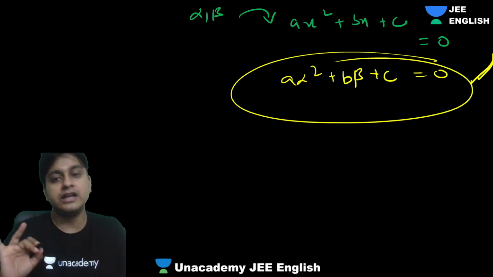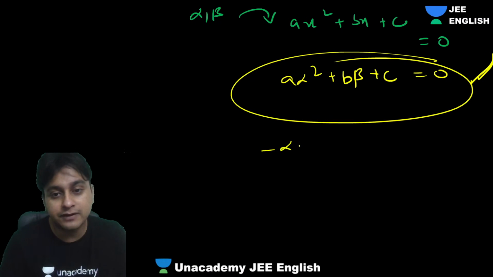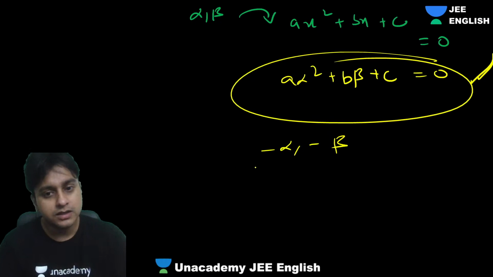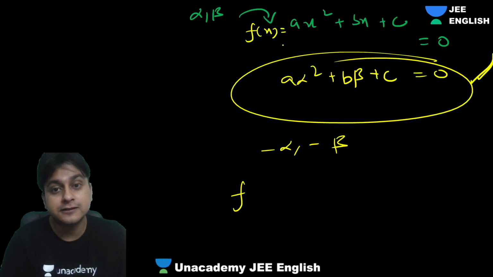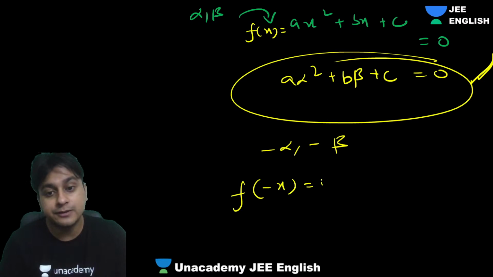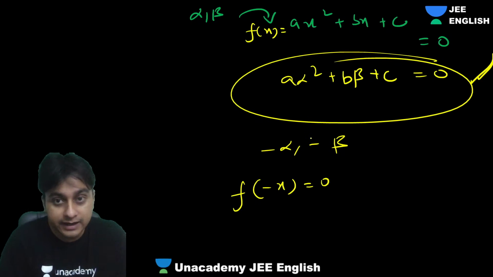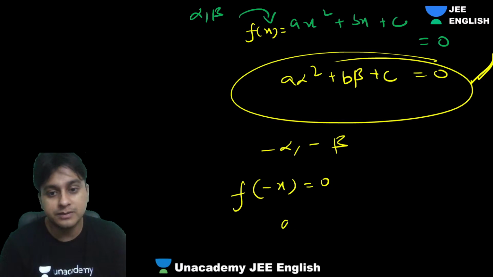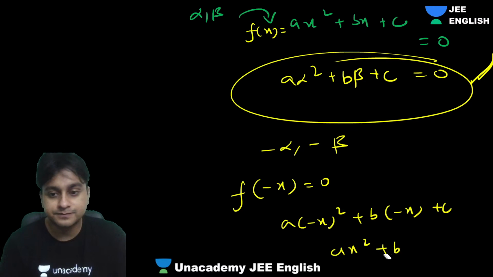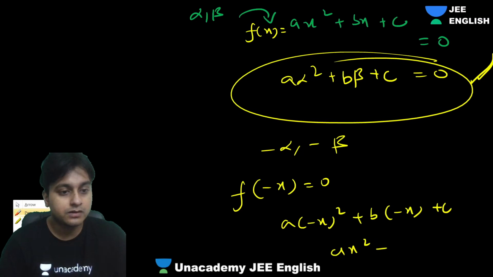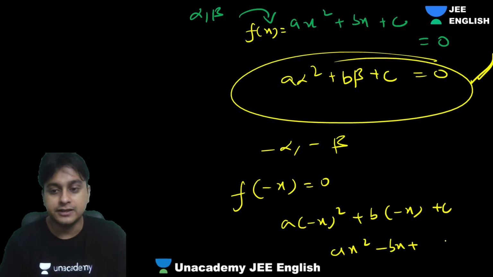Now I want an equation whose roots are minus alpha, minus beta. Let's suppose this is f of x. I'm saying that it will be f of minus x equals 0. How? In place of x you have to keep minus x. So it is a of minus x whole square plus b of minus x plus c, that is ax square minus b of x plus c.